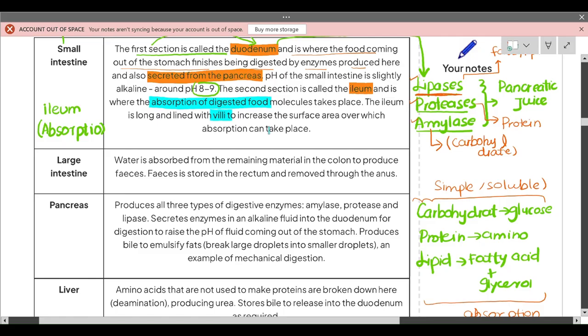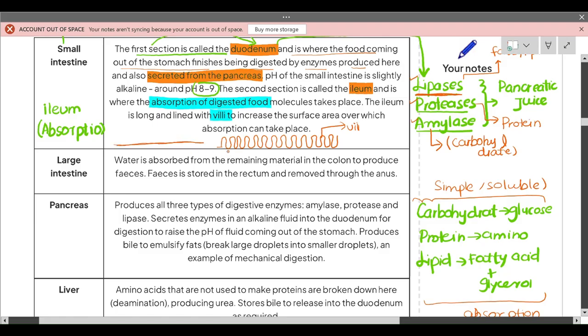These villi are very small, finger-like projections, and they create folds in the inner lining of the ileum. As a result, the overall surface area for the absorption of food and water increases. You can see these finger-like projections present in the inner wall, one of them called villi. And you can see this is a straight line without any finger-like projections, and this is with the projections.